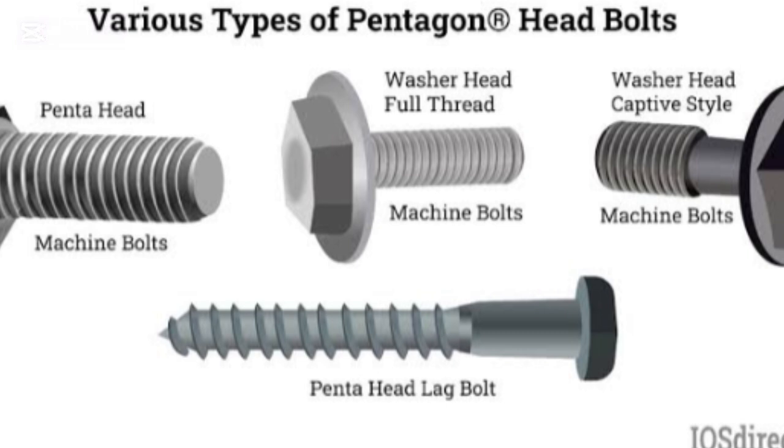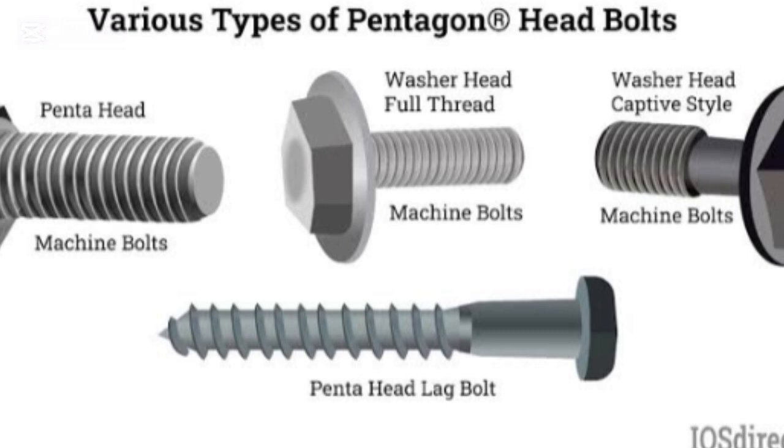Nuts are classified by their grade, which indicates the strength. For example, grade 2 nuts are low strength and suitable for non-critical applications, while grade 8 nuts are high strength and used in heavy duty applications. So we have grade 1, grade 2, grade 3, up to grade 8.